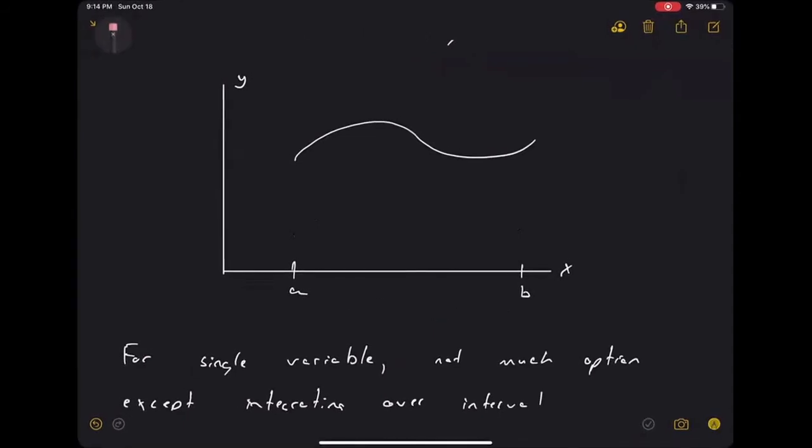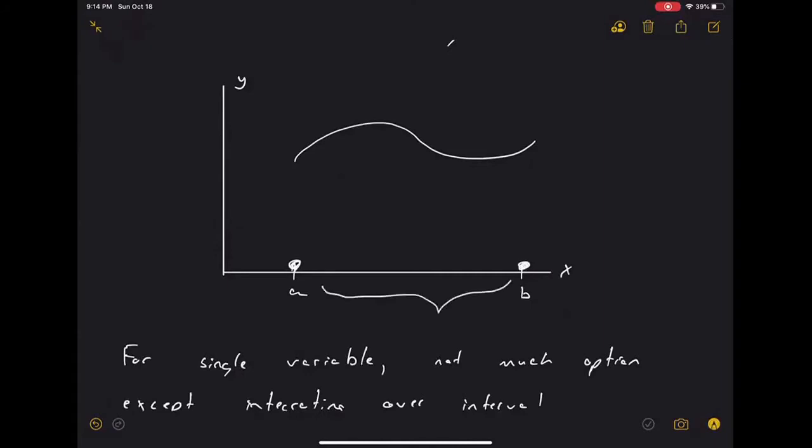We can think of this in terms of boundaries. When we're integrating just on this line, the x-axis, what could our boundary possibly look like? Our boundary is just these two endpoints. And so if we're integrating everything inside the boundary, that can only be an interval. So that's fairly simple.